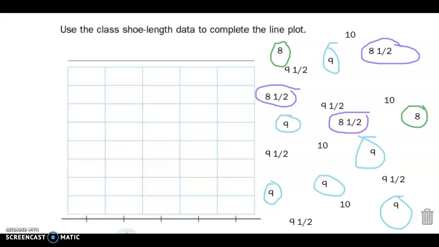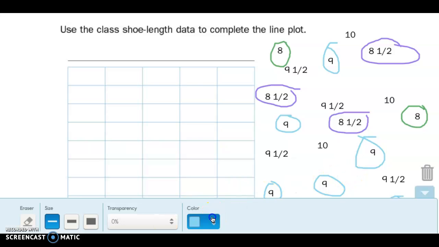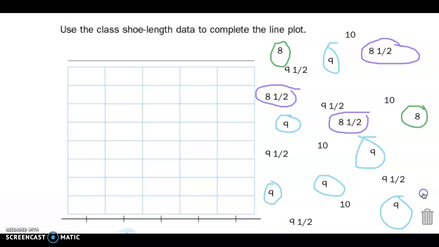Okay, what would be our next highest? If I'm at 9 and I'm counting by halves, what's 9 plus a half? It'd be 9½, and 9½ is greater because we're adding that extra half to just the 9. So 9½, 9½, 9½, 9½, and 9½.